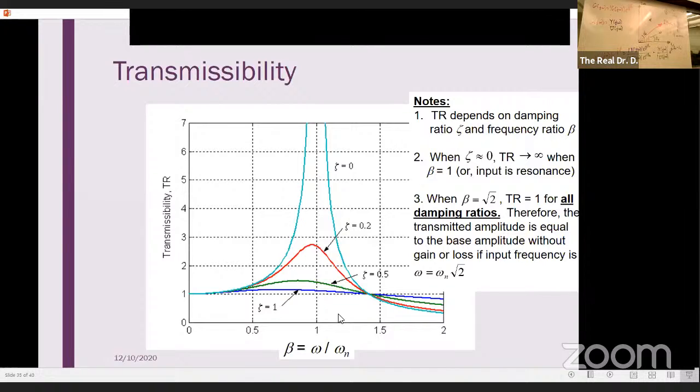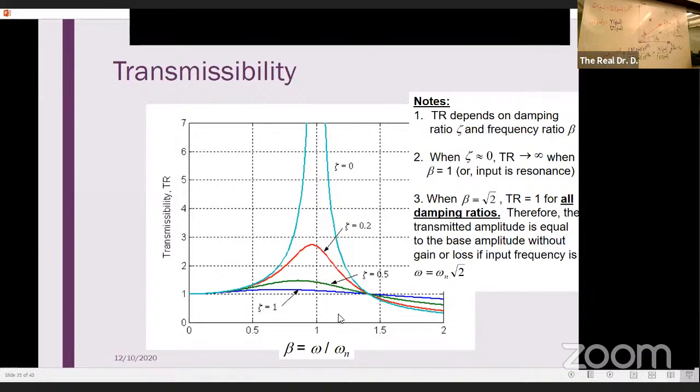Now, practically speaking, are you going to need to draw this curve? No. Do you need to understand what the magnitudes mean for different things? Yes. And we'll go over an example later about how we can use transmissibility, right? Because sometimes you'll be given a range of transmissibilities that are okay. You'll be told, you know what?